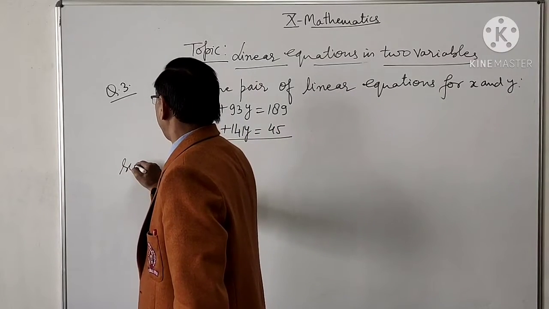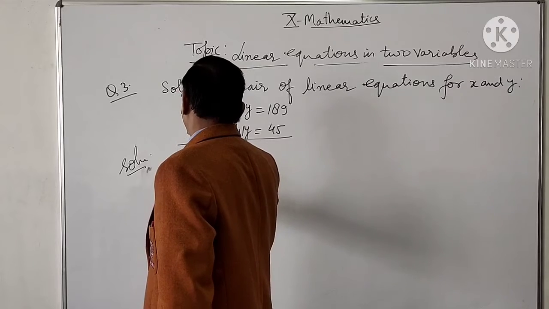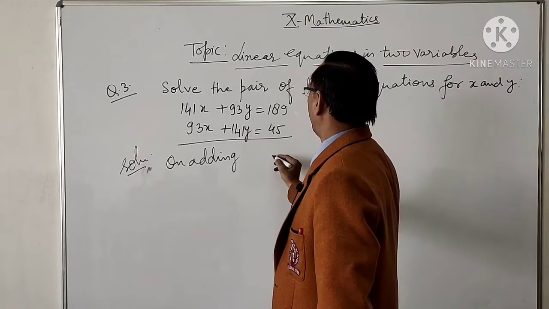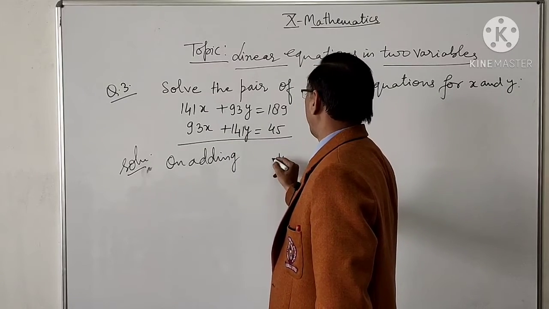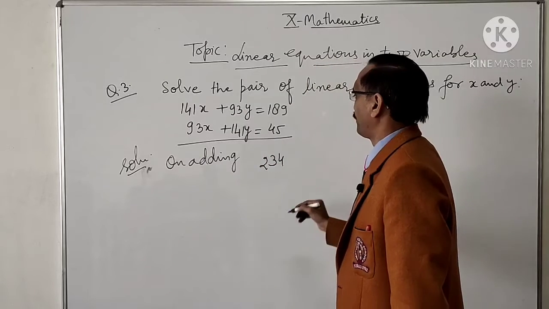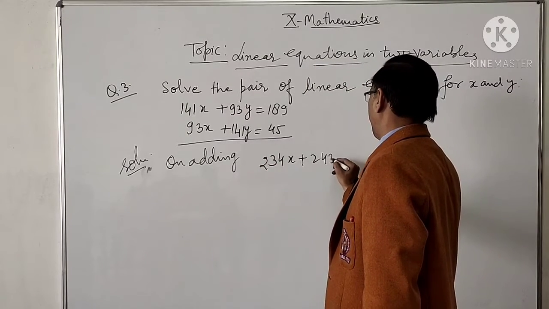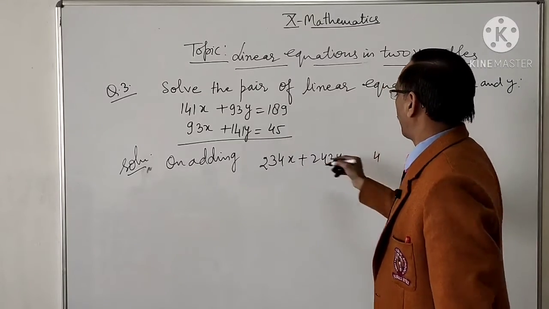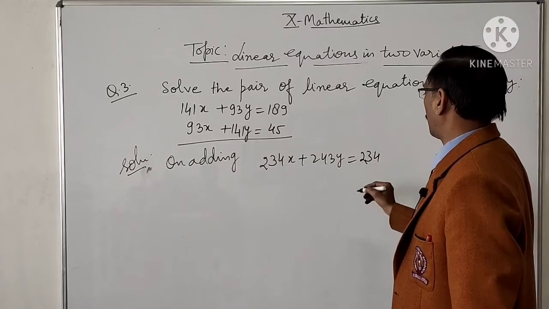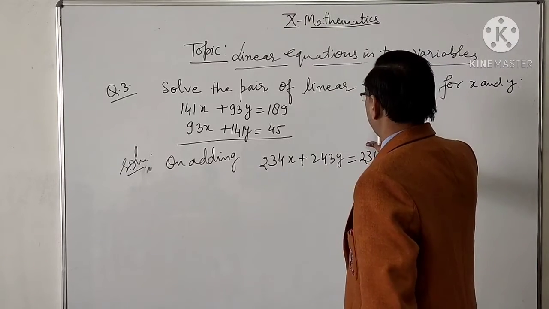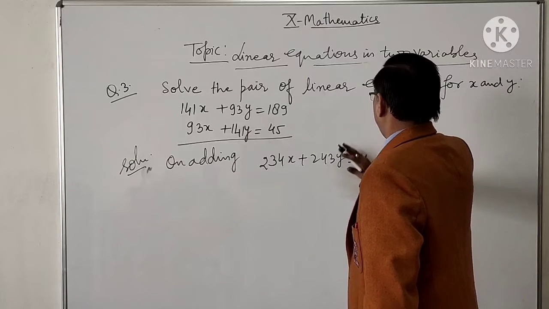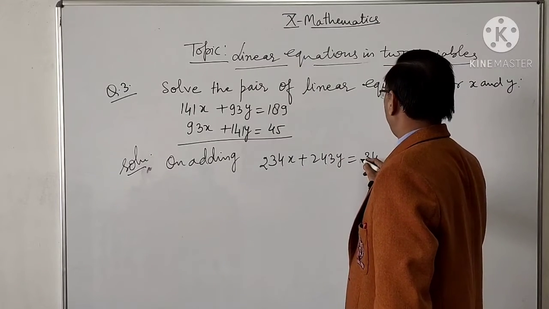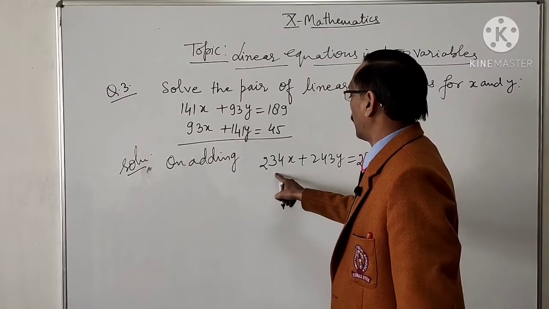Solution. On adding, we will get 234x plus 234y equal to 234.